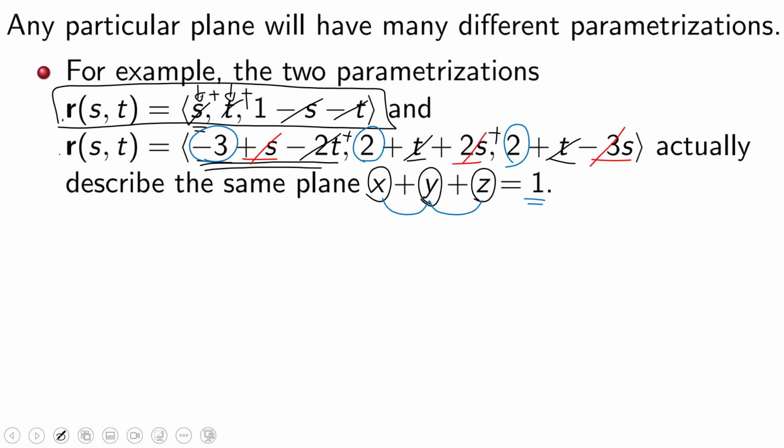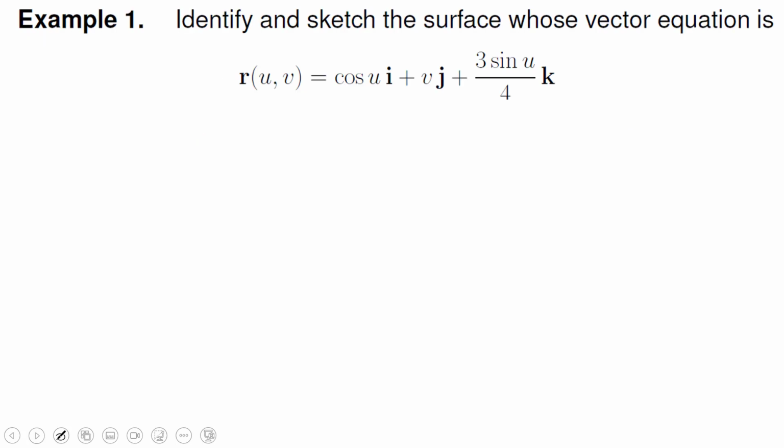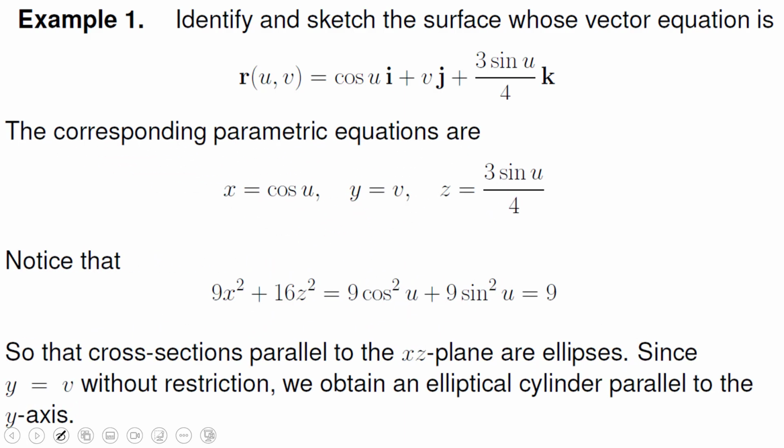This is the main issue I have to tell you, because some people think the equation is unique. Yes, it is unique when you stick to the original coordinates, but in the parametric equation, you may have multiple representations for the same surface. Here, instead of calling the parameters s and t, he calls them u and v, right?